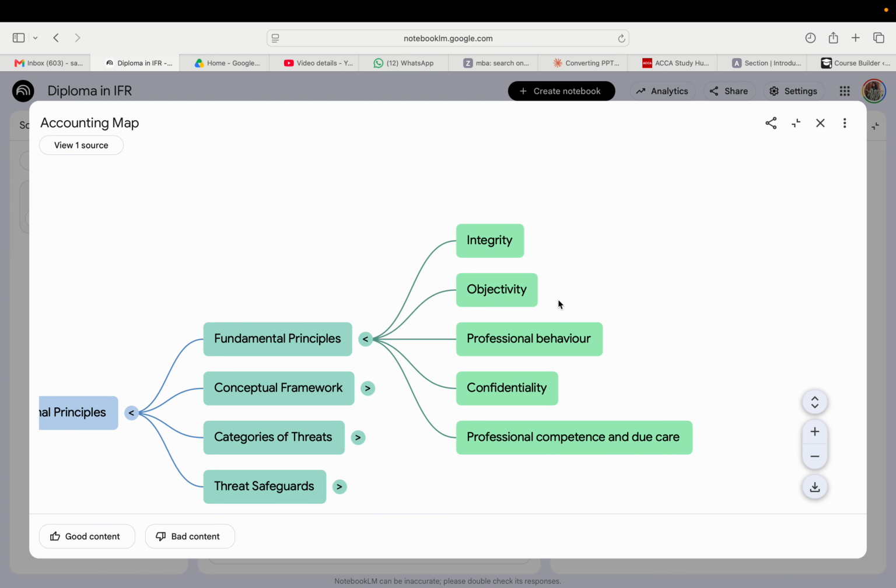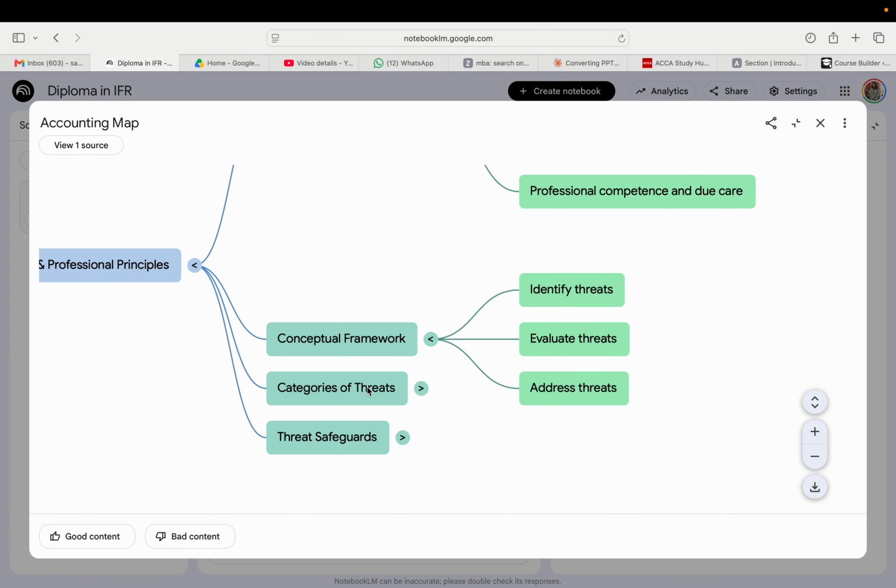These are the 5 fundamental principles: integrity, being honest; objectivity, you are not being biased by anyone, you are taking your own decision based on facts; professional behavior, you are behaving professionally, not bringing discredit to your profession; confidentiality, you are keeping your information safe, not disclosing to anyone when you do not have the authority to do so; and professional competence and due care, your skills and knowledge are up to date, where you are acting professionally competent, you are not outdated.